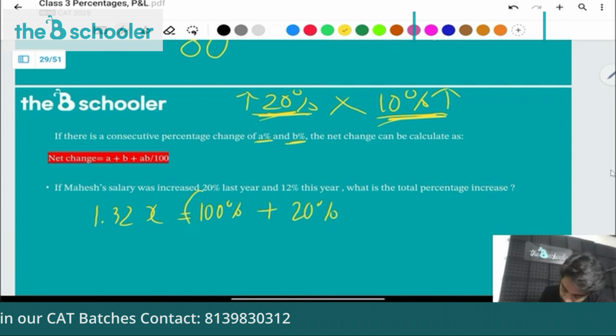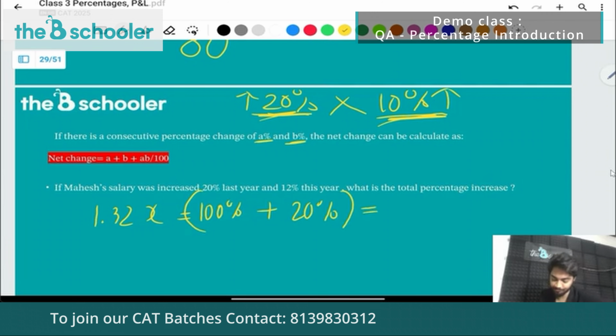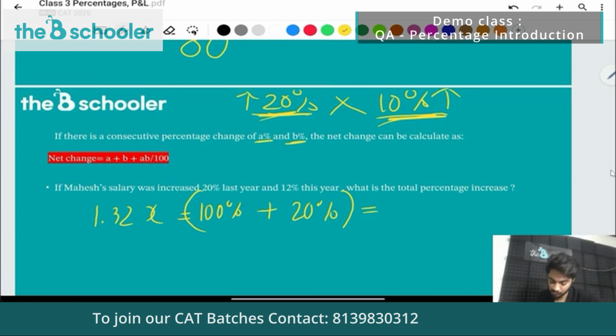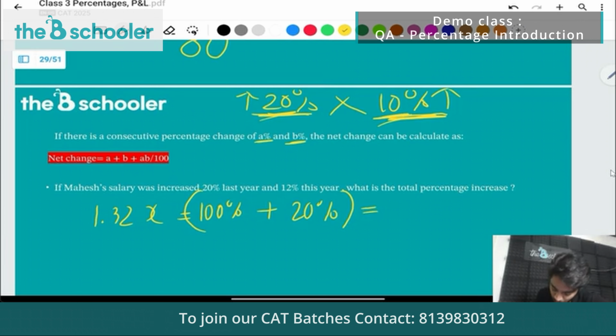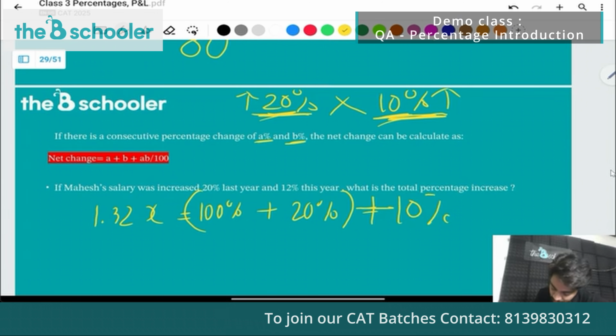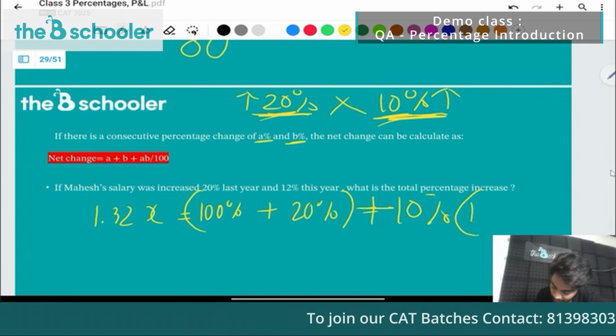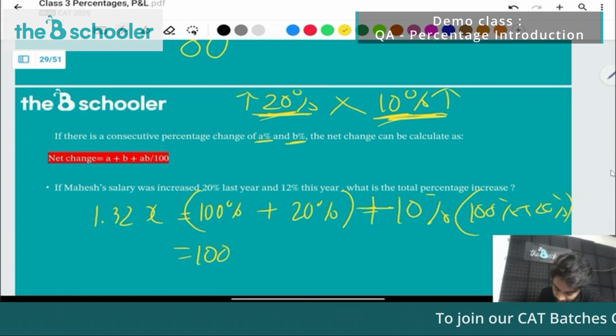All of this is 120%. Then 30% again, 10 percentage, which you add, is 10 percentage of the new number, which is 100 percentage plus 20 percentage. So if you open this 100 percentage, the initial one is always there.